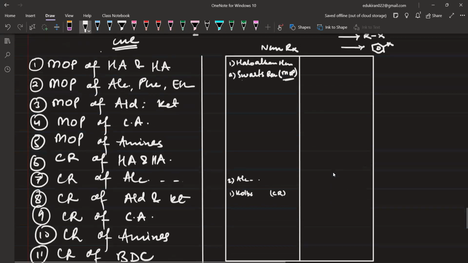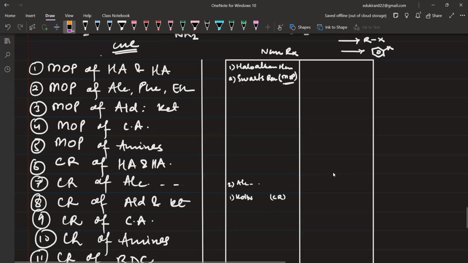Then the next sheet that you're having is for chemical tests. Whatever chemical test I have discussed in each chapter, you will write the chemical test. For example, in haloalkane, haloarene. No, for chemical test, you will write each and everything. ठीक है? Chemical test में आपको सारी चीजें नहीं, because बहुत ज़्यादा नहीं है.